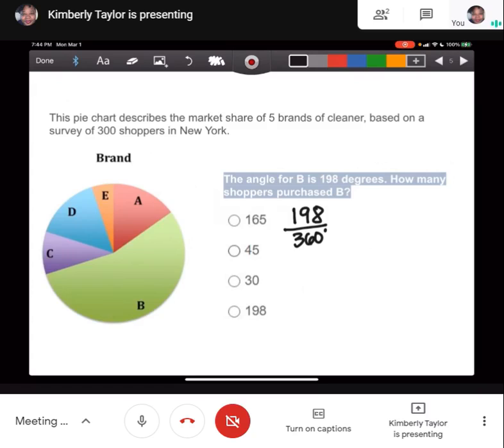Once I find that percentage, I need to multiply it by the total number of shoppers, which is 300. So let's do 198 divided by 360. That's going to give me 0.55 times 300.